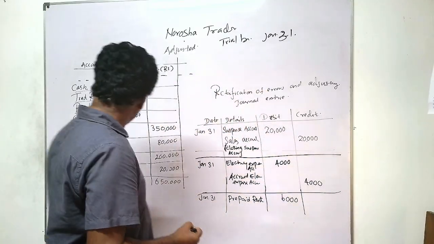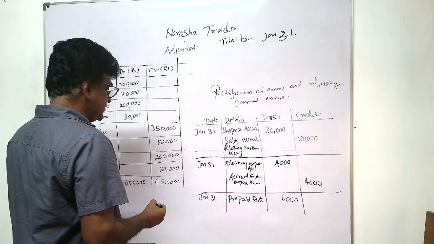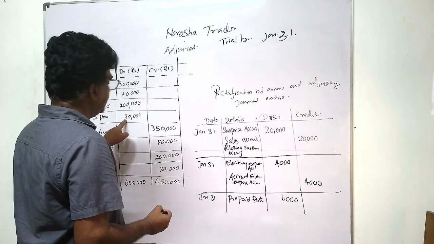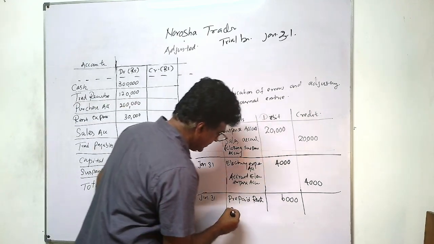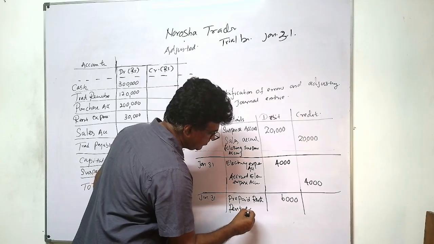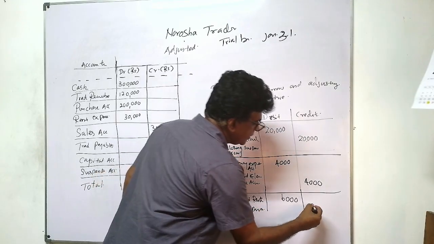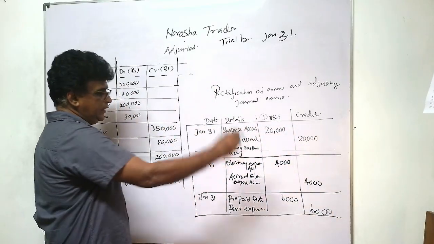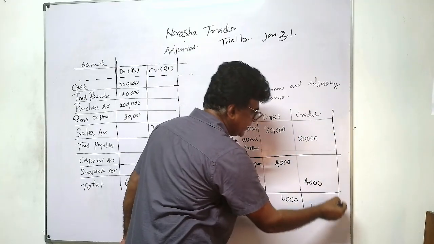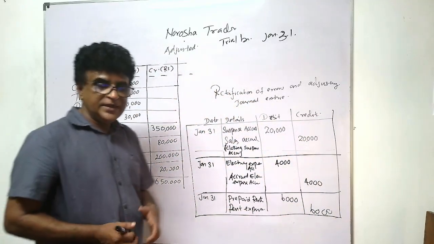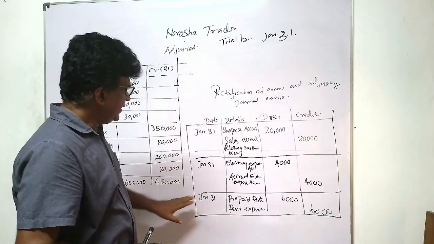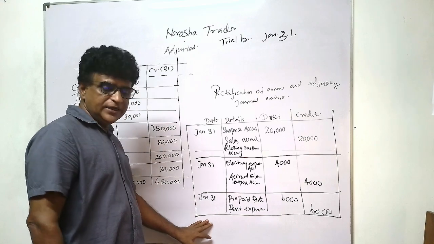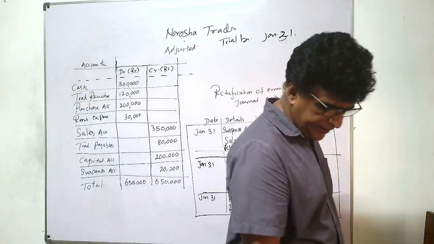Another, the rent expense account: what we have debited here, that has to be credited, 6,000 rupees. Right? These are adjustment entries, adjustment journal entries. Definitely we have to prepare this.